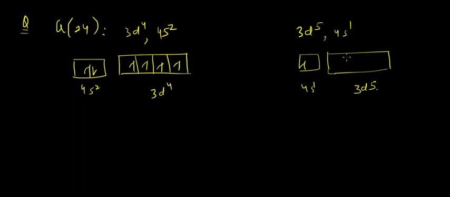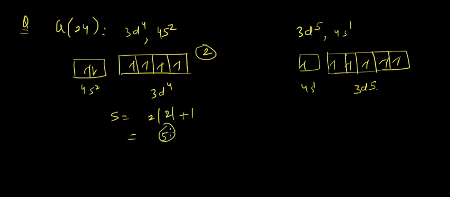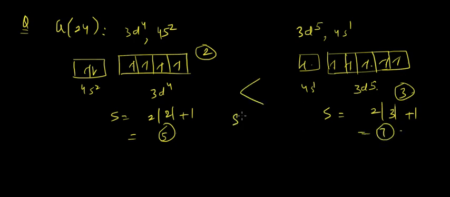For 4s1 it would be 1 here, and for 3d5 we would have 1 2 3 4 and 5. So the spin multiplicity in this case, the summation of spin would be 2 half into 4 times, that is 2, so 2 into 2 plus 1 would be 5. And in the other case there are 1 2 3 4 5 6 unpaired electrons, so the summation of spin would be 3, so 2 into 3 plus 1 would be 7. As this has more spin multiplicity, this would also be the stability order, the spin multiplicity order.